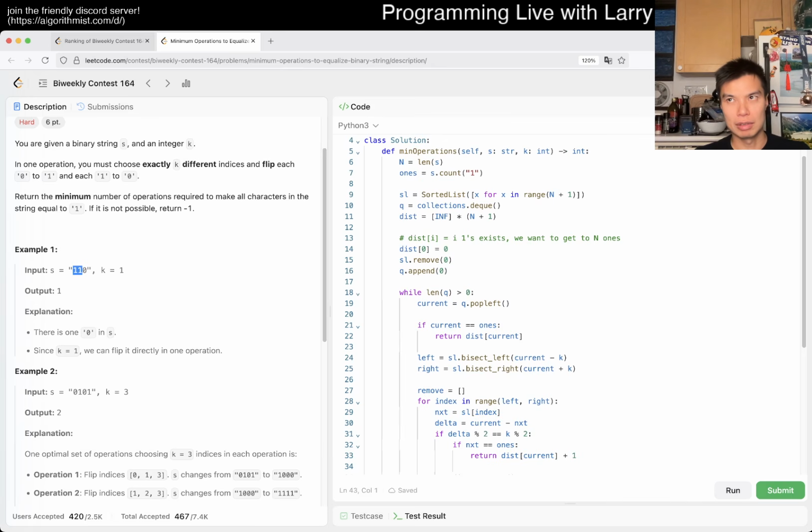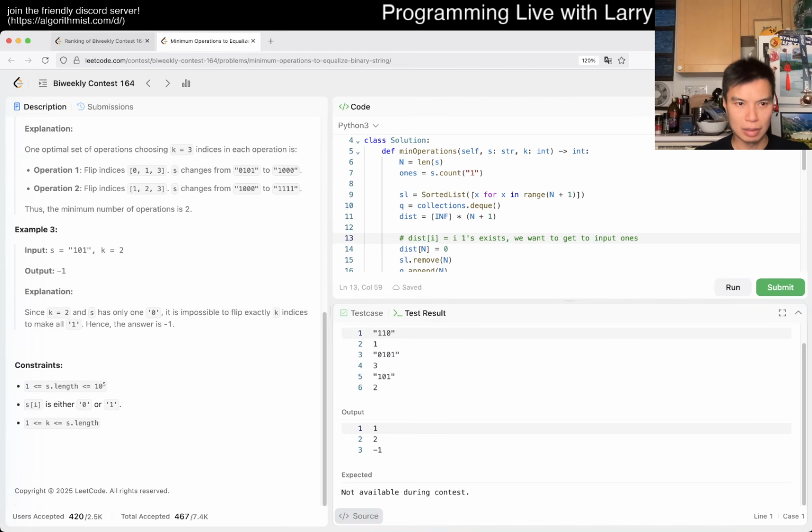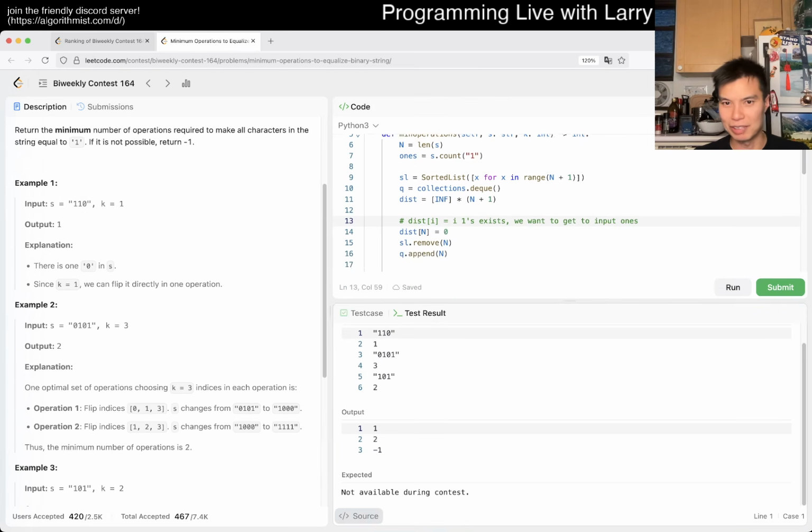That's why. I think maybe the other way would have worked too, but no. I confused myself. So okay, so we want to start at N, and we want to get to 1 1s. Okay. I had the original done and I forgot.